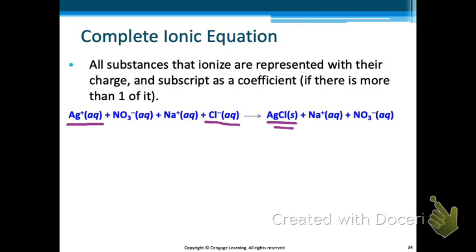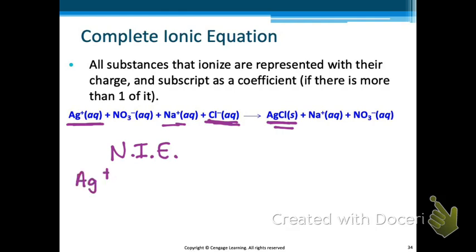Yes. So when I'm looking at my net ionic equation, I'm asking what's in a different form on the left than on the right. Silver goes from aqueous to a solid. Chloride goes from aqueous to a solid. Sodium goes from aqueous to aqueous, so does it change? And nitrate goes from aqueous to aqueous, so does it change? No. So when we write our net ionic equation, I'm going to write it down here below. Net ionic equation seems pretty self-explanatory. It is pretty self-explanatory.